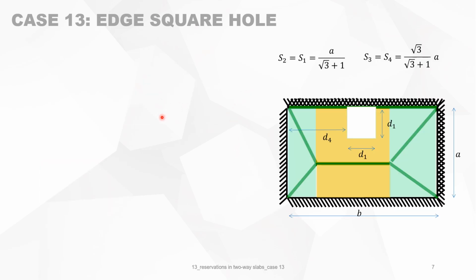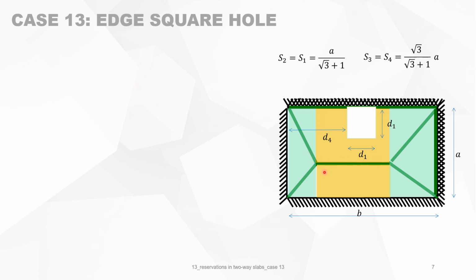We will calculate the work done by the external forces. We look at the green portion, which is the summation of the triangles, which is A times S1 plus A times S3, and the mean deflection is delta over 3. So that's this part. Now we come to the orange part, the rectangular part.